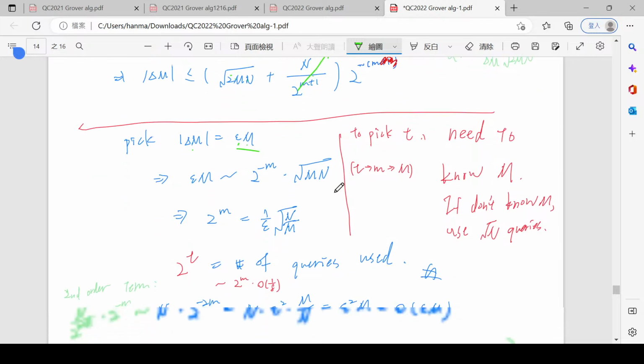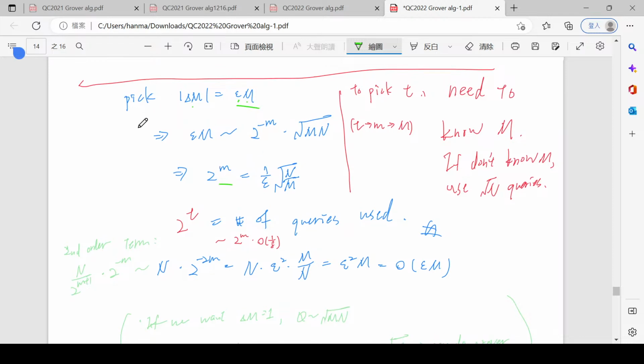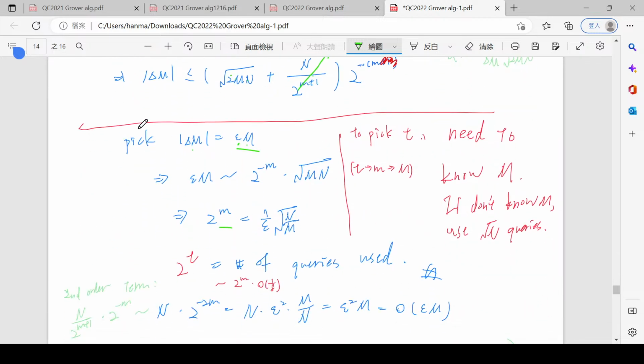And we calculate that 2 to the m is equal to, we'll just move things around, 1 over epsilon times square root of n over m. Okay. And this is very close to what we want.